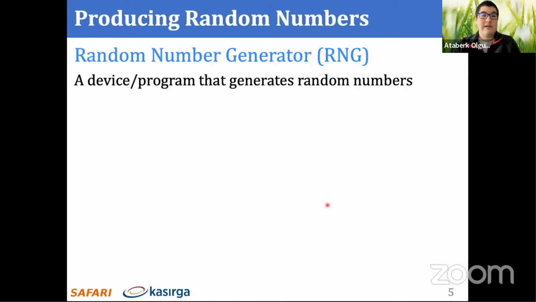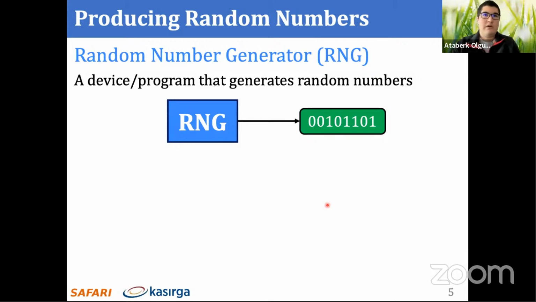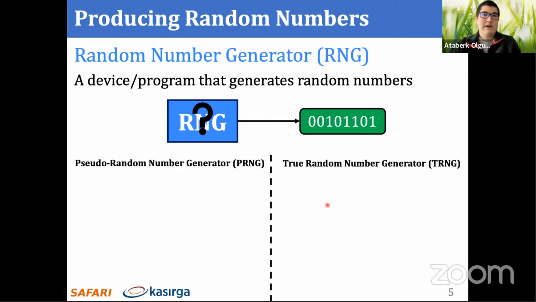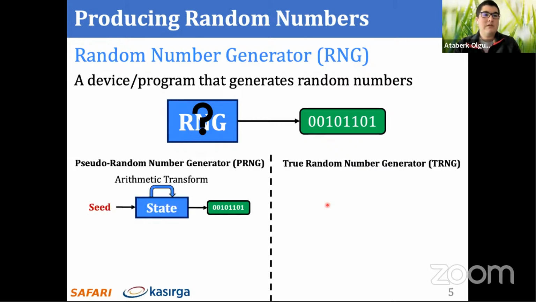To produce these random numbers, we use what's called a random number generator. A random number generator outputs random numbers, and this can be a device or a program running on a computer. To see how RNGs generate random numbers, we will briefly look at 2 categories. Pseudo-random number generators continuously perform arithmetic operations on an initial value called the seed, maintain a state, and output a random number based on this state.